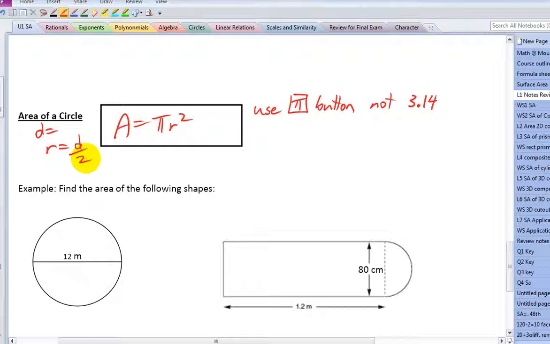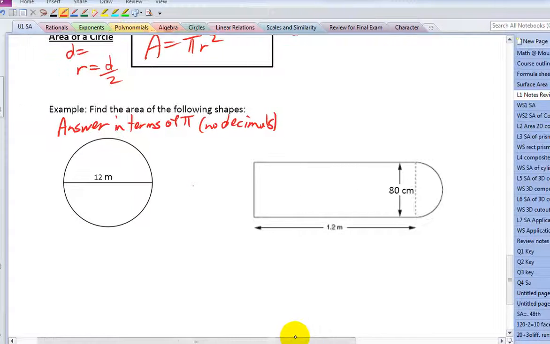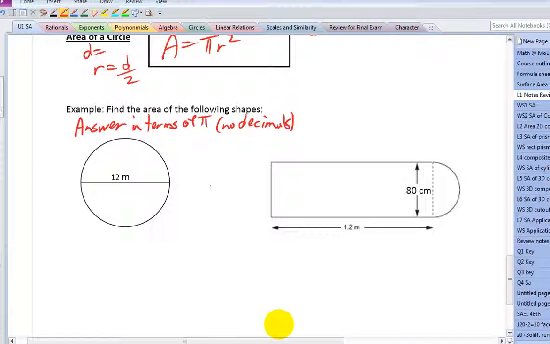Okay, so here I want you to answer in terms of pi, which means no decimals. That's because in the first question you only have a circle. Only a circle. So the formula is pi r squared.